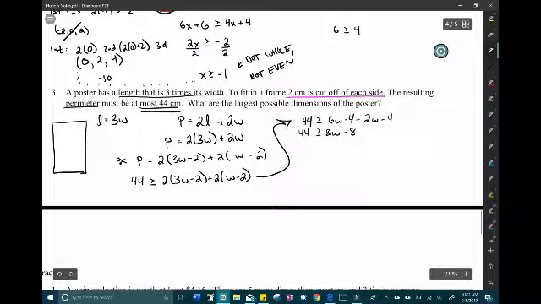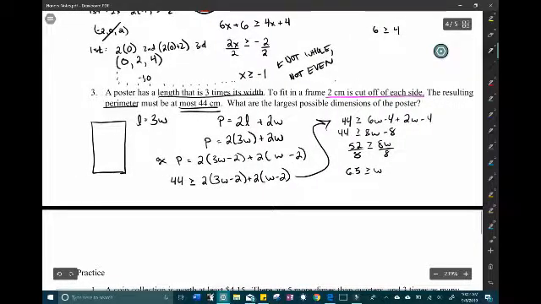Add, so 44 plus 8, 52, is greater than or equal to 8w. Divide by 8, divide by 8. And we know that the width must be under 6.5. So that's our width, 6.5.